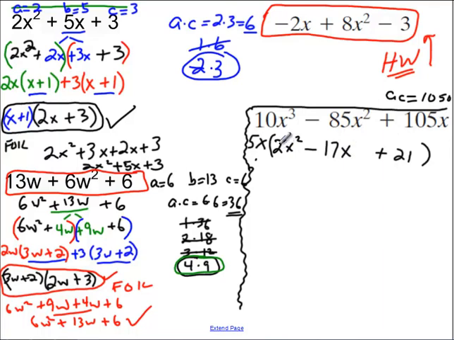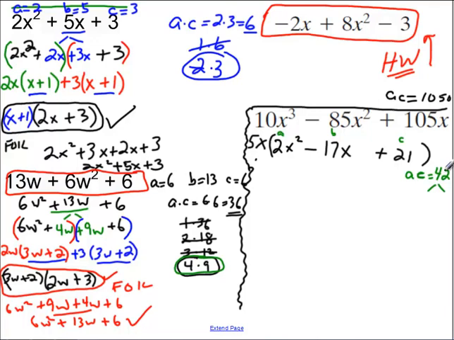It's going to be a lot easier to use 2 times 21 as our A and C. Our A is equal to 2, our B is equal to negative 17, our C is equal to 21, so our AC equals 2 times 21, which is 42. Now finding factor pairs of 42 is a lot easier than finding factor pairs of 1050. And that's the reason that we make our life easier by factoring out that greatest common factor.